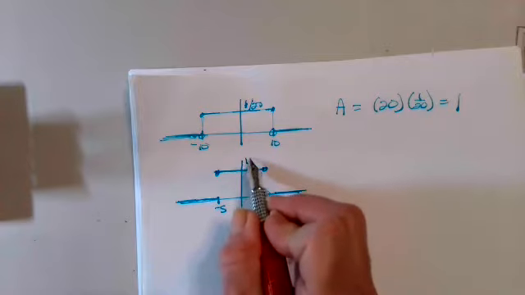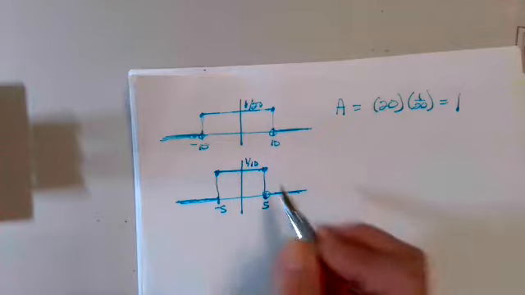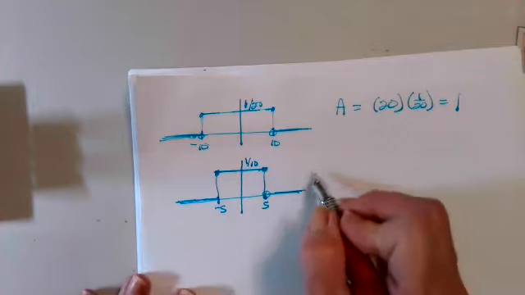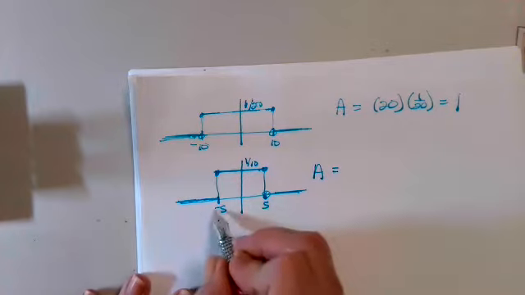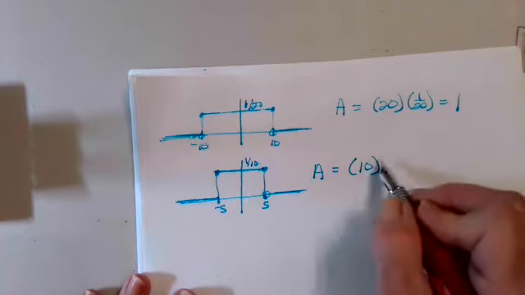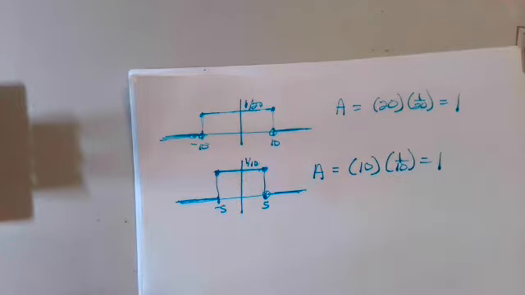So this is going to be 1 over 10. You can see that's a higher rectangle than the one before. It's narrower, but it's higher. And what's the area under this curve? Well, the width goes from minus 5 to plus 5, so the width is 10, and the height is 1 over 10, so the area under that curve is 1.